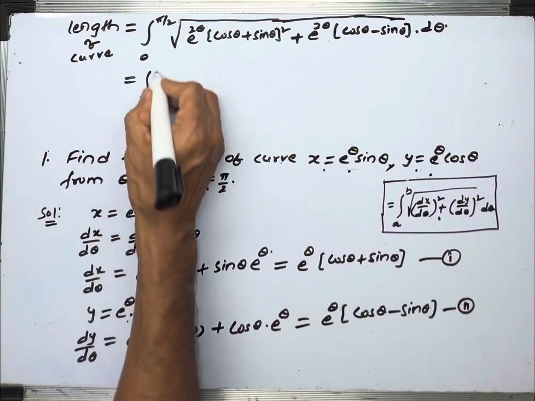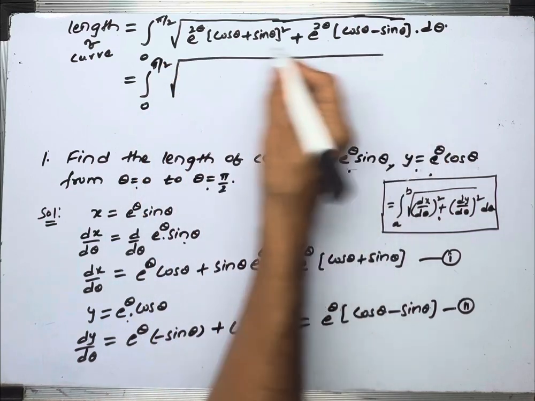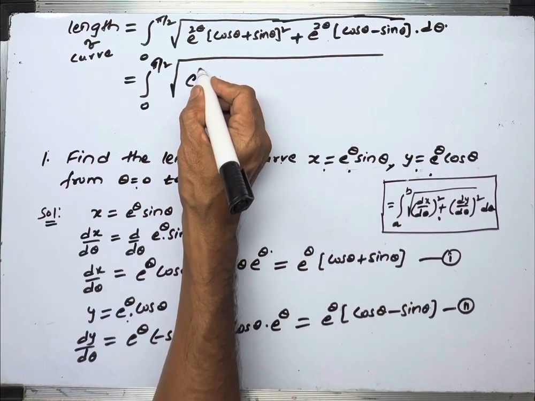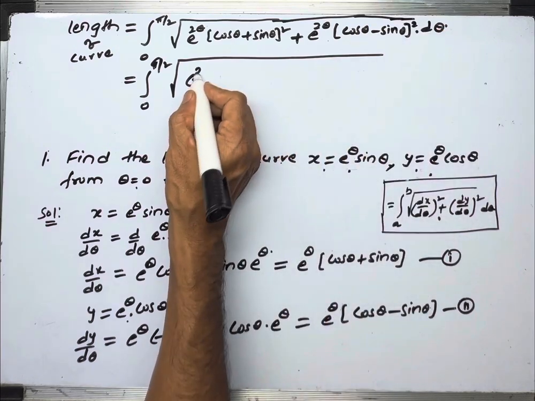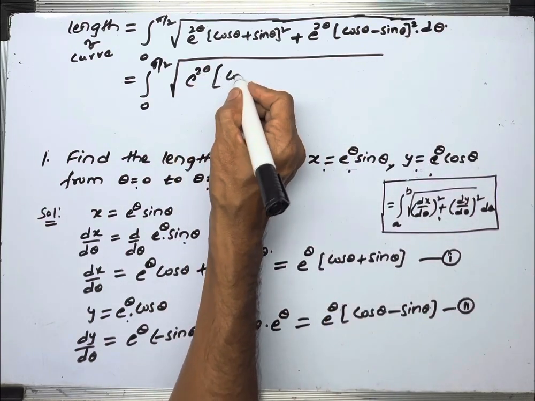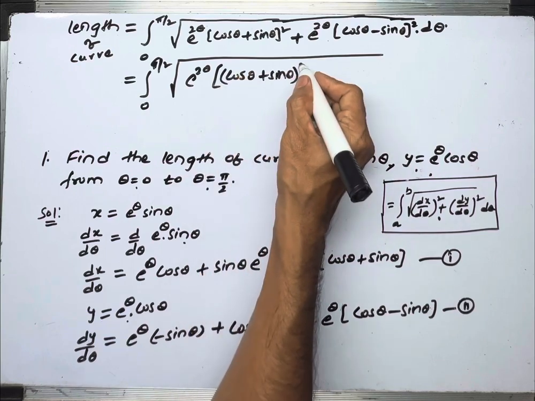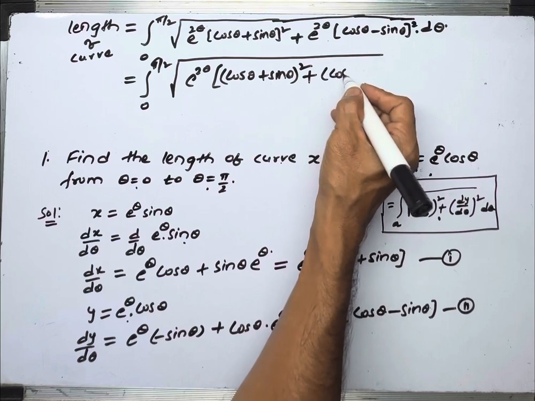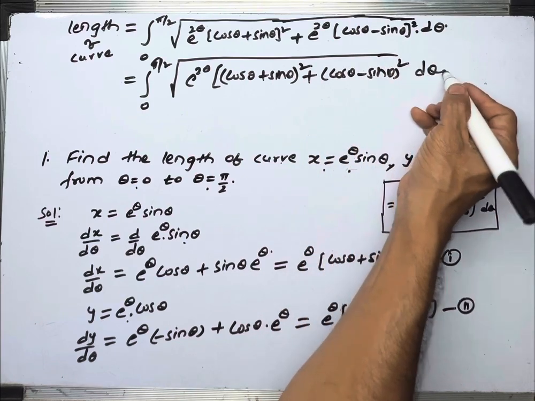Now further simplification. If you are good in simplification, you can easily get this answer. E power 2 theta common. Then cos theta plus sin theta whole square plus cos theta minus sin theta whole square d theta.